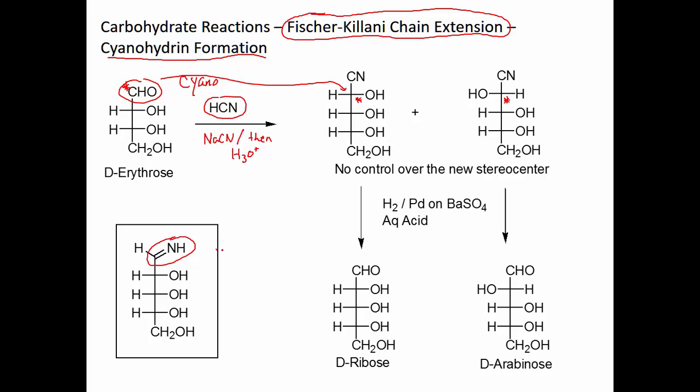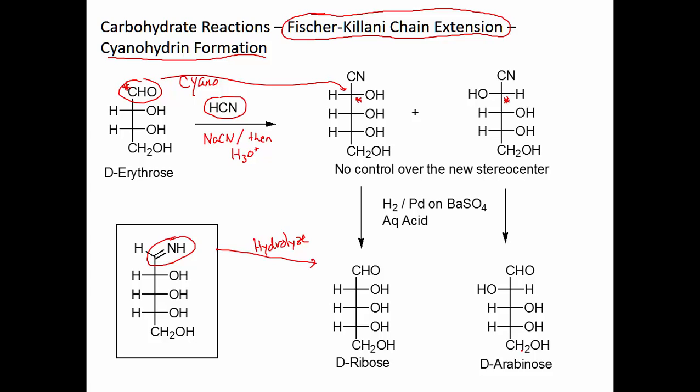So once we make the imine, it's going to hydrolyze to the aldehyde. Okay? All right, so erythrose, if you expose it to this set of reactions, cyanohydrin formation followed by reduction and hydrolysis, you'll get a mixture of D-ribose and D-arabinose.